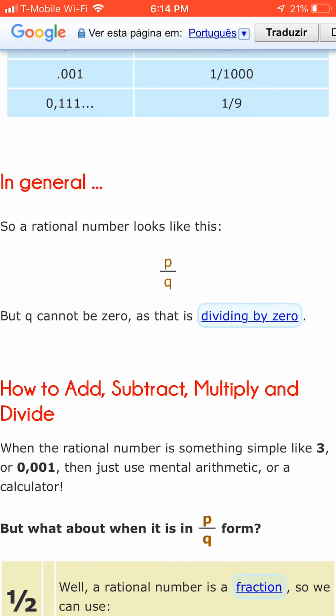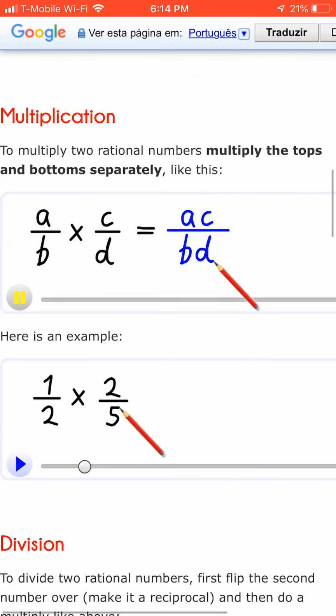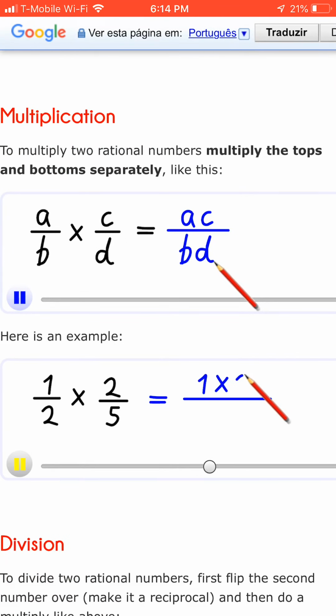Multiplication. To multiply two rational numbers, multiply the tops and multiply the bottoms separately, like this. Here's an example. Division.